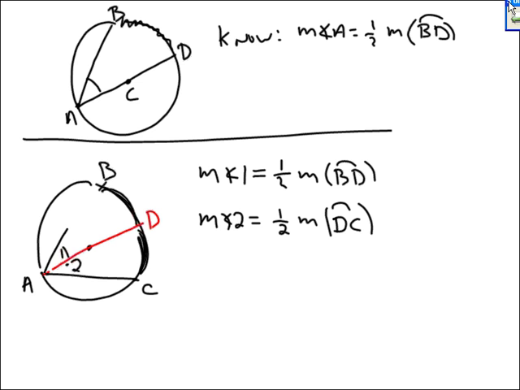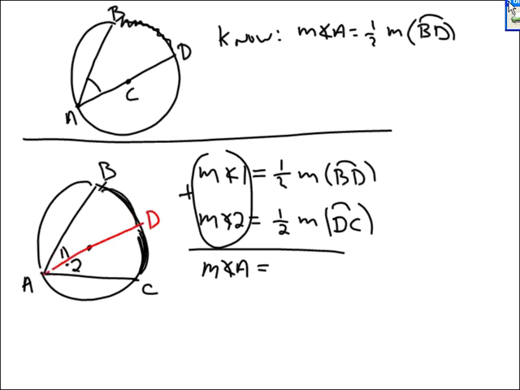Okay, let's put this back, and now we do something called arithmetic, where you're going to add. When you add the measure of angle 1 and the measure of angle 2, you get the measure of angle A. And on the right side, I can factor out a half.